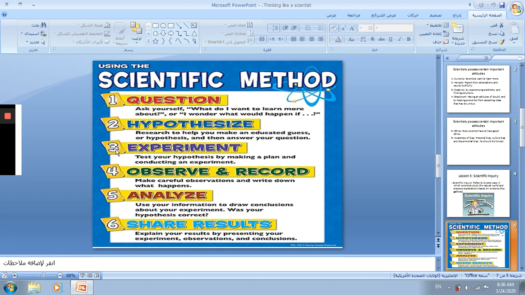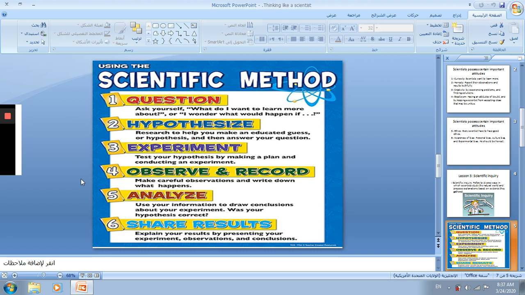So here, practically, theoretically, questioning and hypothesizing are theoretical methods. This one, experiment, is the first step of the practical method. So test your hypothesis by making a plan and conducting an experiment.